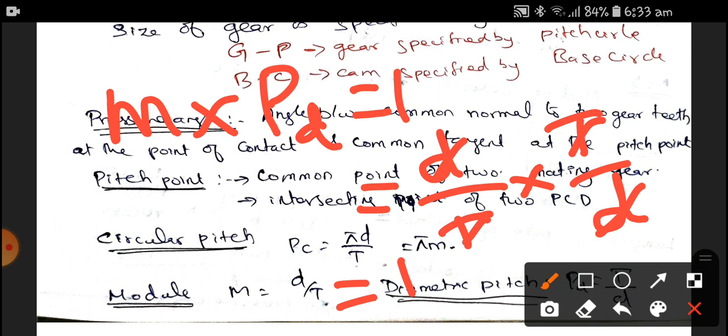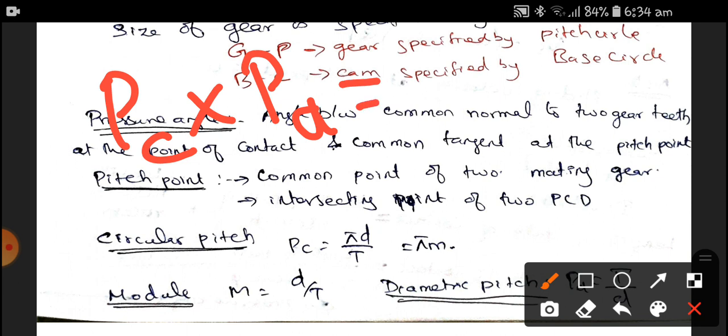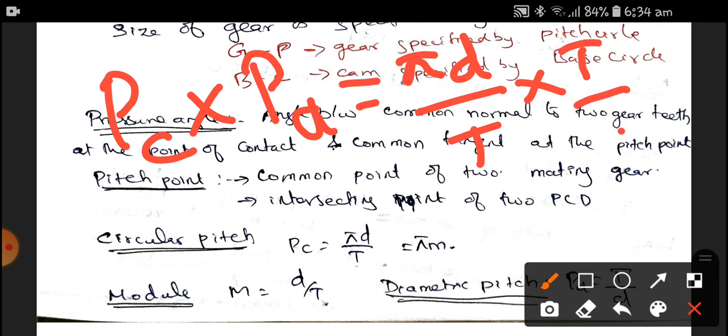What happens if we take the product of circular pitch and the diametrical pitch? We have a circular pitch of pi into d by T, where diametrical pitch is T by d.